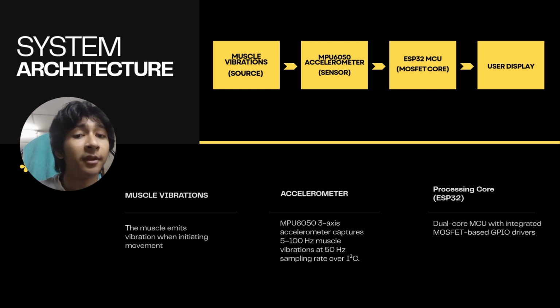The GPIO drivers with the MOSFET will make sure that the signal that we get earlier from the accelerometer is clean and no signal is lost due to the special characteristic of the MOSFET, which will be discussed later. And it also will even smooth the signal at the same time.